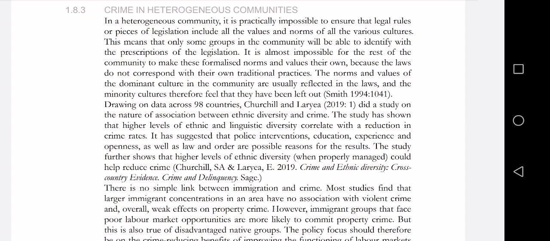It has suggested that police intervention, education experience, and openness, as well as law and order, are possible reasons for the results. The study further shows that high levels of ethnic diversity, when properly managed, could help reduce crime. Churchill S.A. and Lera E., 2019, Crime and Ethnic Diversity: Cross-Country Evidence, Crime and Delinquency, SAGE.